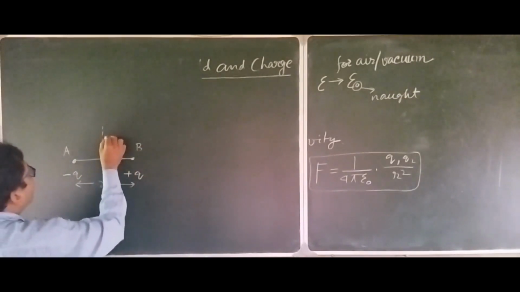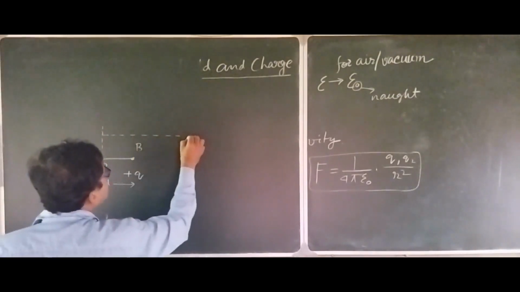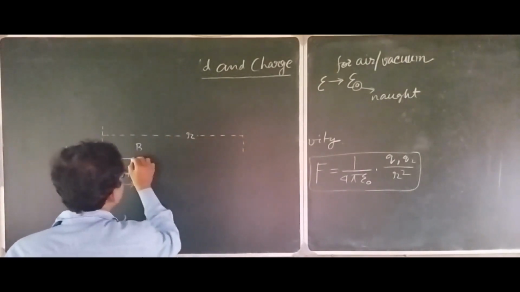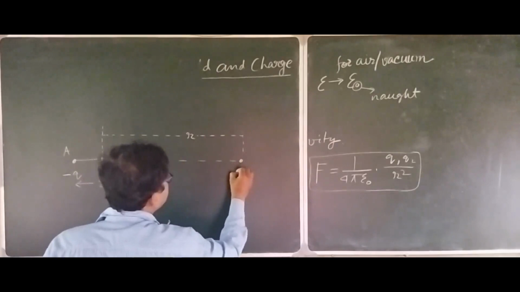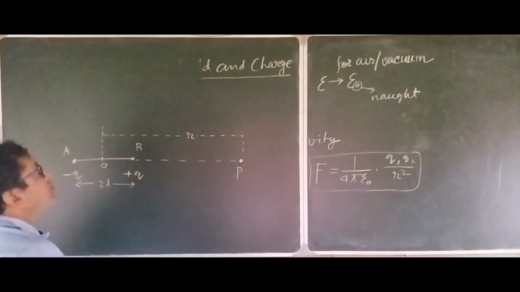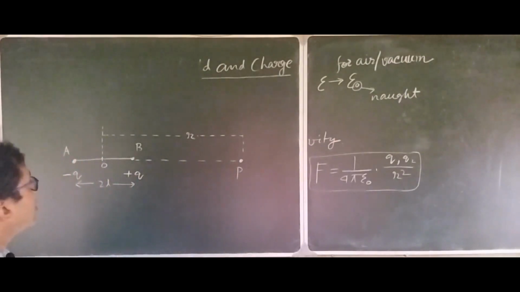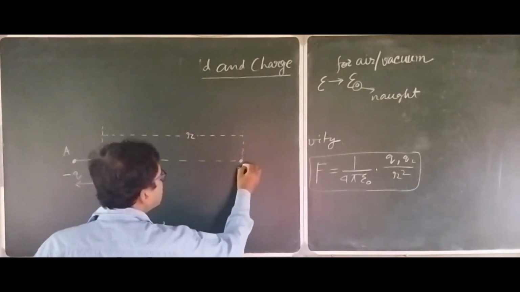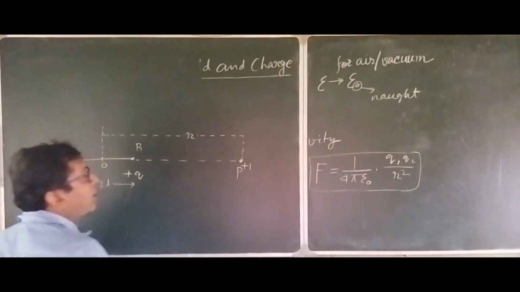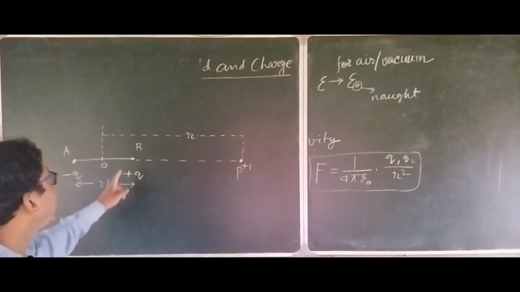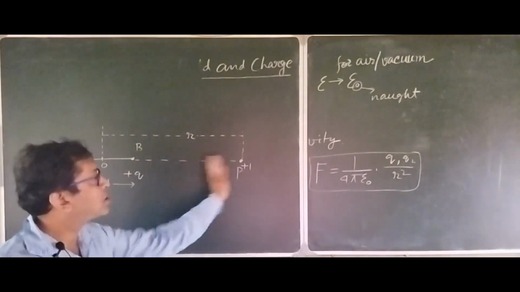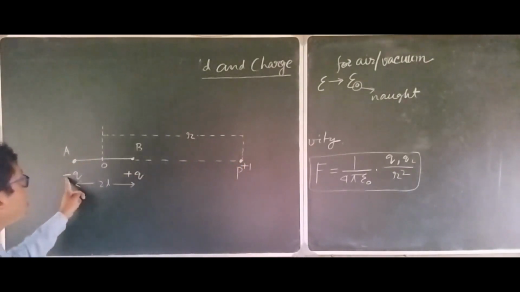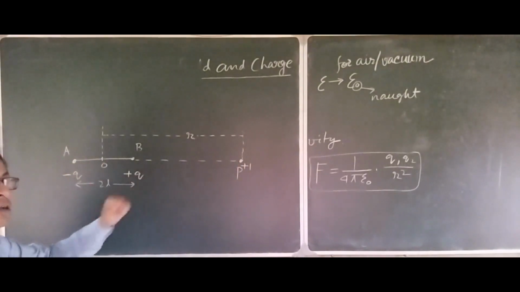From the midpoint O, at a distance R, suppose there is a point P. Now, if we place a unit positive charge at P, then what happens? Definitely this plus q will start repelling that charge because that is also plus, and this minus q starts attracting that positive charge.